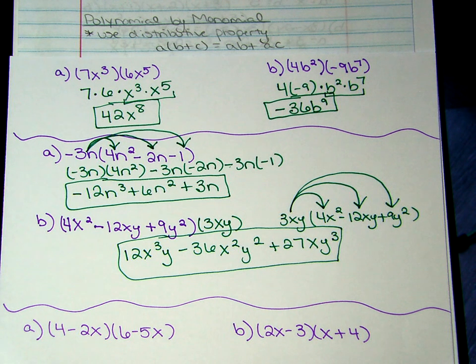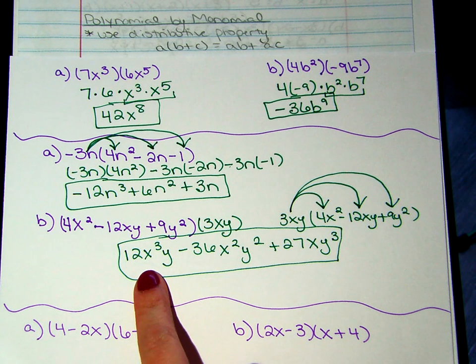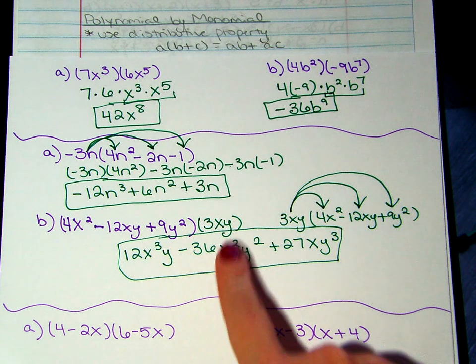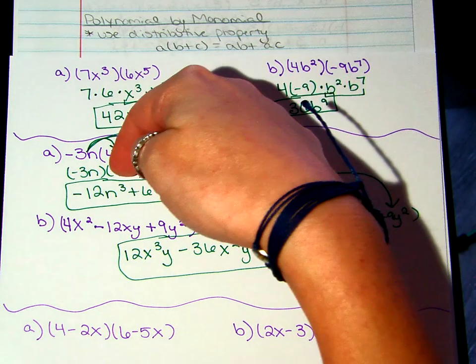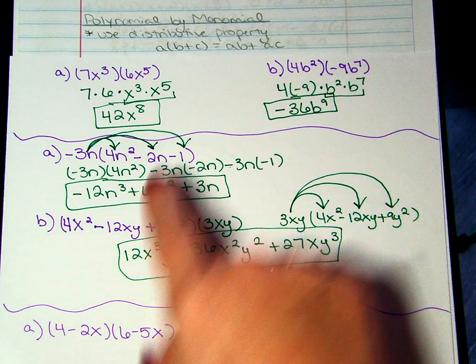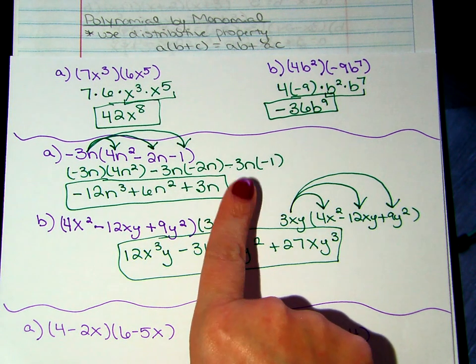And in general, we write these in what is known as descending order, meaning that our x term, whatever is the highest power on your x term, would come first, then the next x term, then the next x term. It's easiest to see up here with this n, because there's only one variable at play. Our first term has n to the third, our second term has n to the second, our third term has n.